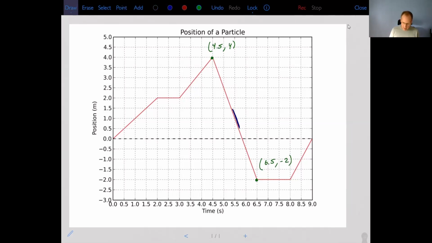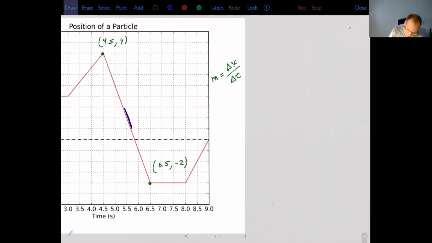So how do I find that slope? Remember, it's the change in position over the change in time. Say this is t1, x1, and this is t2, x2. So it's x2 minus x1 over t2 minus t1.